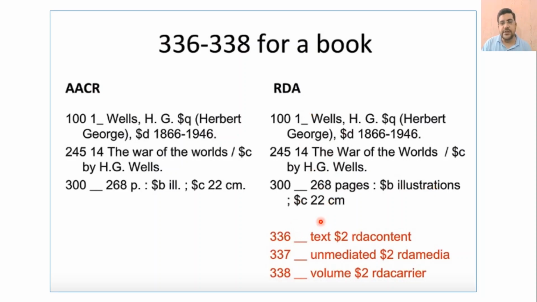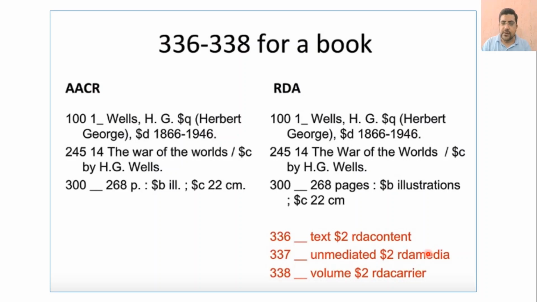And after the physical description we provide these three additional fields as a GMD. GMD is no more now. So it's 336 for RDA content. What is the content of this particular source? This is the book. So the content would be text.